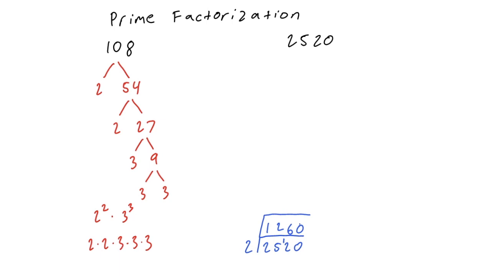So it's still an even number, so let's divide by 2 again. 2 goes into 1 0 times, so we don't put anything here. 2 goes into 12 6 times. 2 goes into 6 3 times. And 2 goes into 0 0 times.